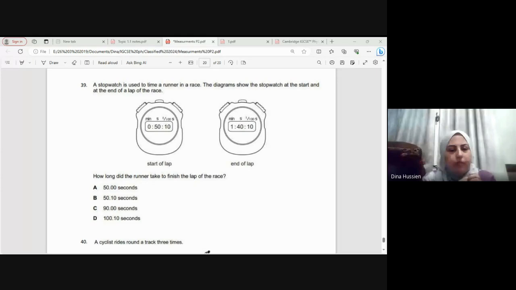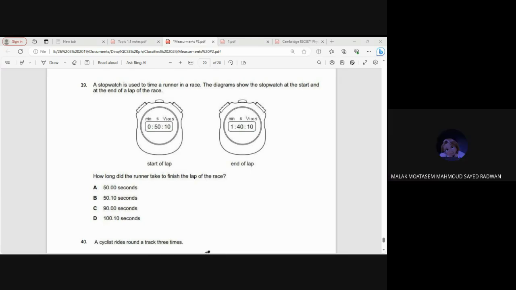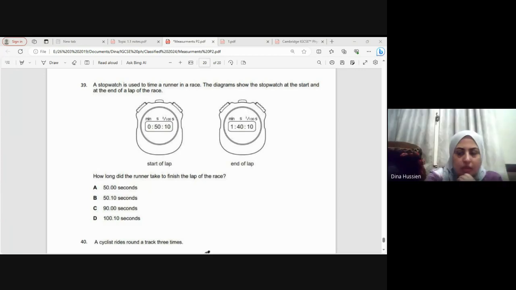Malak, Mai, Jihan, are you solving? Or you don't understand what to do? Write it in the chat box. Yes, Katie wrote the answer.